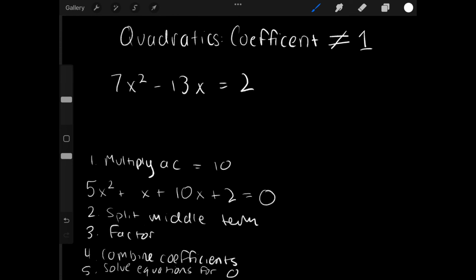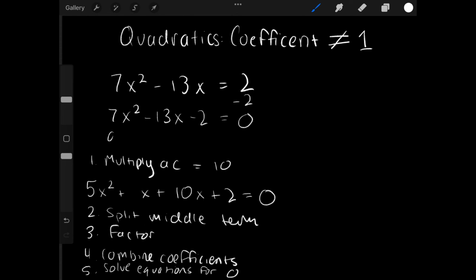There's a simple fix of just subtracting the 2 from both sides. So then you'll get 7x squared minus 13x minus 2. We subtract 2 from here, we're just going to get 0.